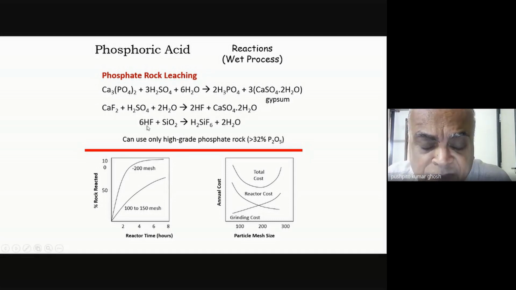Whereas the chances that it will be stripped off, volatilize, are higher when I'm operating at a higher temperature. So the phosphoric acid that I'll get will have less fluoride at the higher temperature of operation, and at the lower temperature of operation, it may have higher content of fluoride.